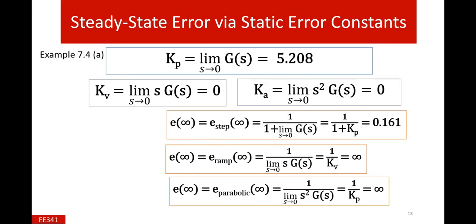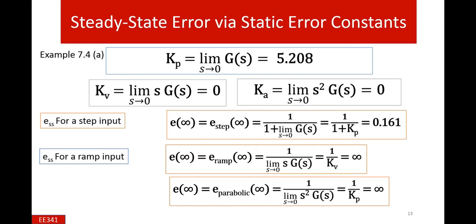These are the error constants as we found. So apply them in the definition of steady state error. It is 1 over 1 plus that constant. So for type 0, the steady state error is a constant.